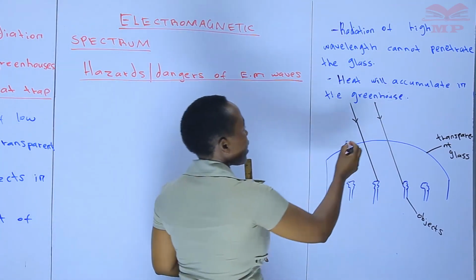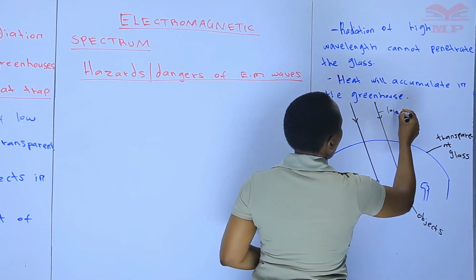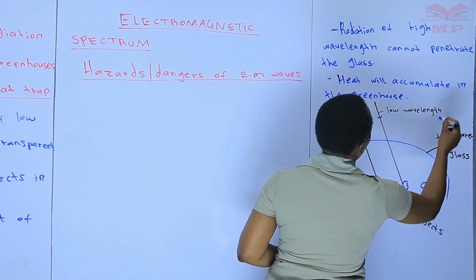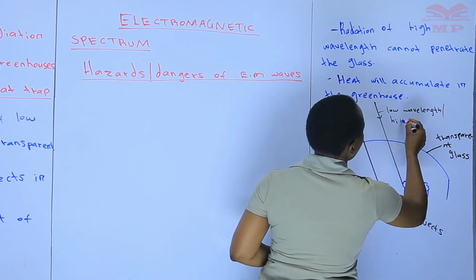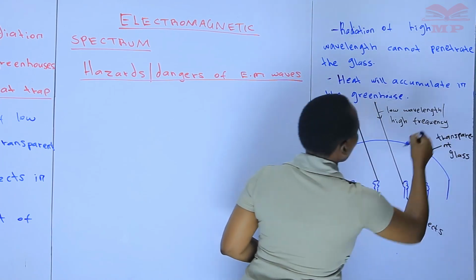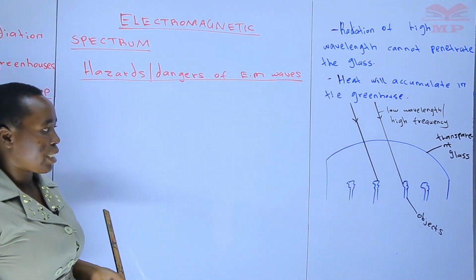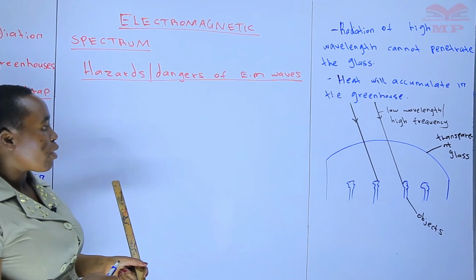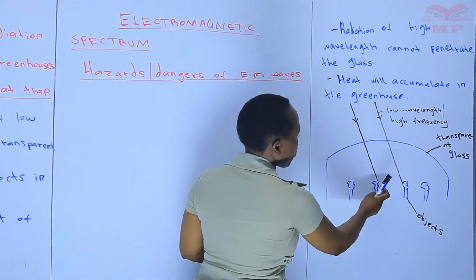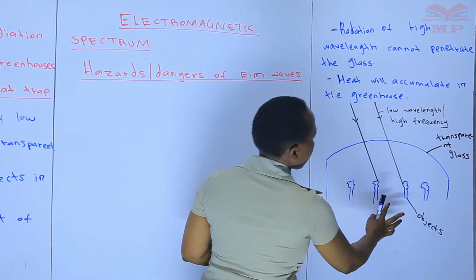And we have seen that this radiation is of low wavelength, and therefore high frequency. And therefore they are able to penetrate the glass. And once they penetrate, we are saying that they will be absorbed. The radiation will be absorbed by these objects which are here.